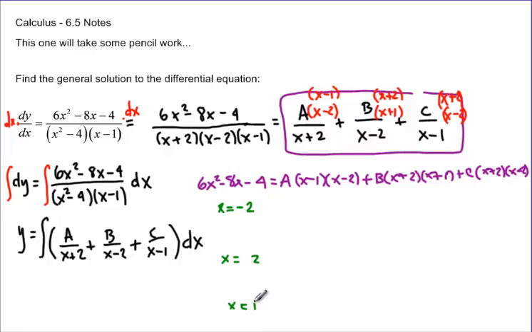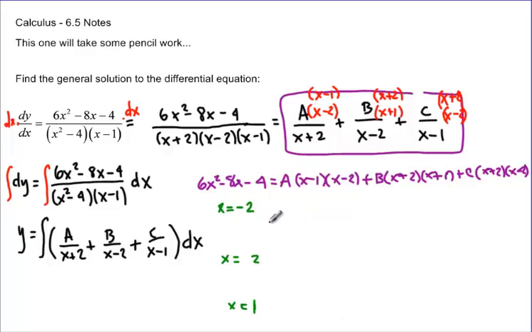So these are the 3 cases that we want to check. And it really isn't too bad now, because 2 of the terms are going to go away each time, and that just leaves me 1 item to check.